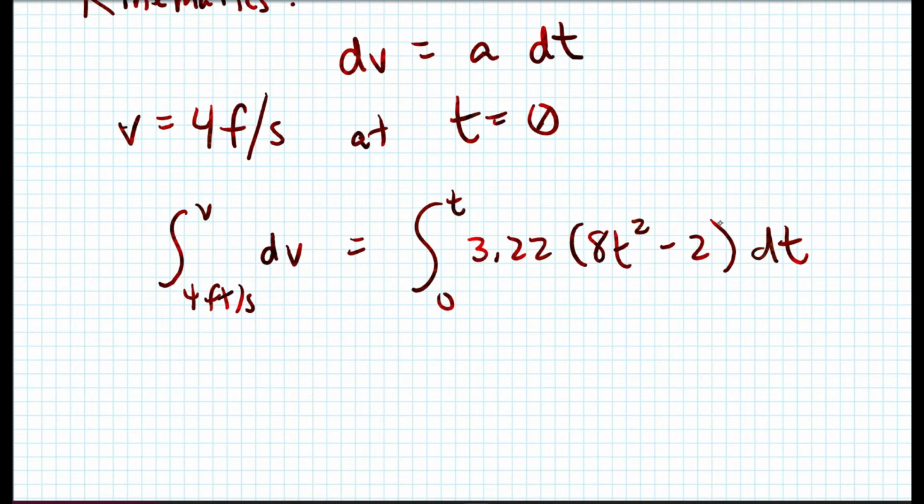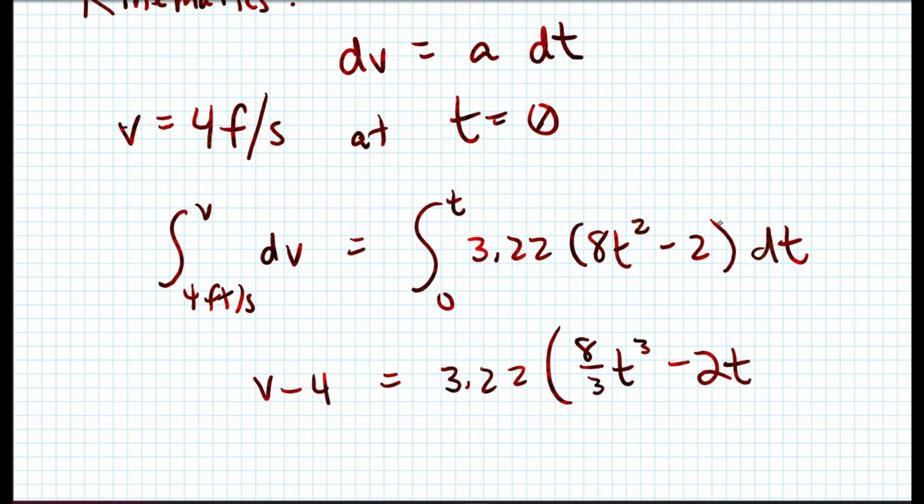Alright, then we'll have v minus 4 equals 3.22 times 8/3 t cubed minus 2t.